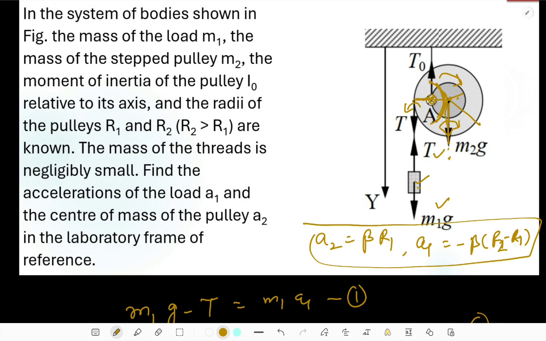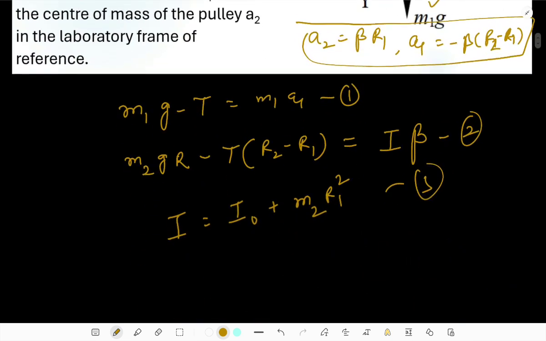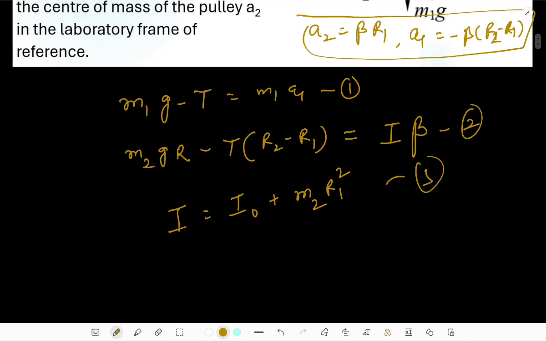So I wrote everything right, and now I'm ready to solve these equations to find whatever we wanted to get. We wanted to get A1 and A2, and I guess you can find them. These are the things you can use in your solution: the coordinate axis and the funny instantaneous axis of rotation.